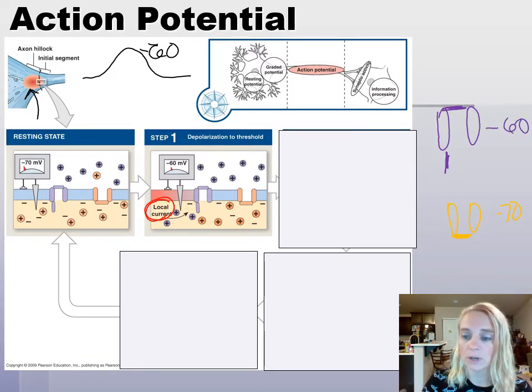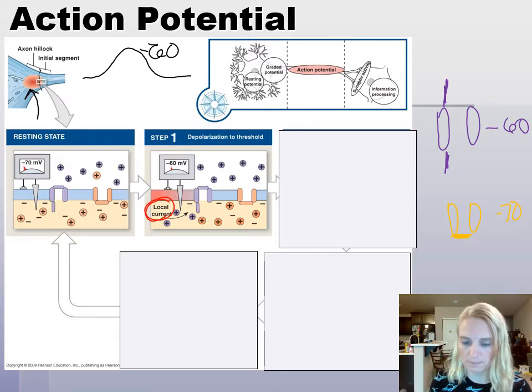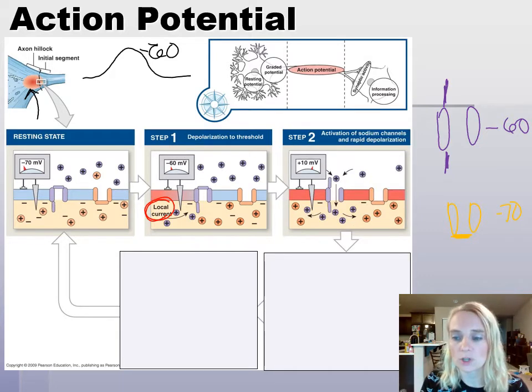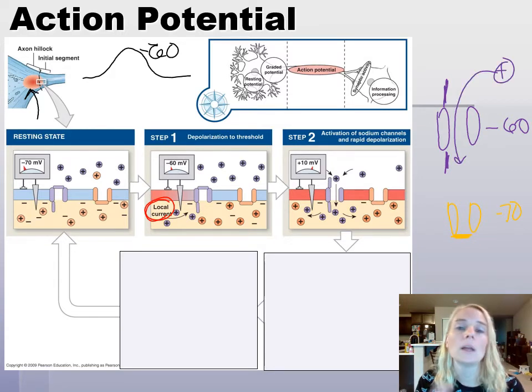That is going to trigger the activation gate to open. Now that the activation gate is open, the membrane is permeable to sodium. So sodium rushes in. A whole bunch of positive charges are rushing in. We know that sodium will continue to rush in all the way until it gets to +66.